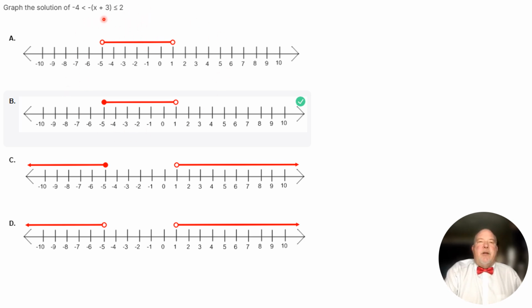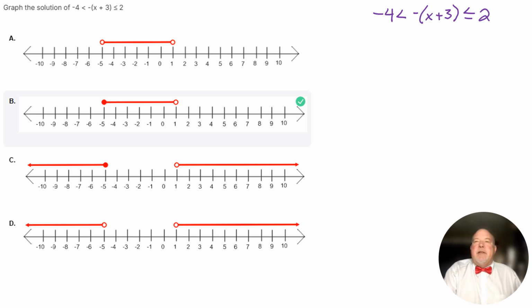So what we're going to do is break this up into two separate inequalities separated by the word and, and then we're going to solve those two inequalities. So let's do that. I'm going to rewrite it over here. I have -4 less than negative times x plus 3, and that's less than or equal to 2.